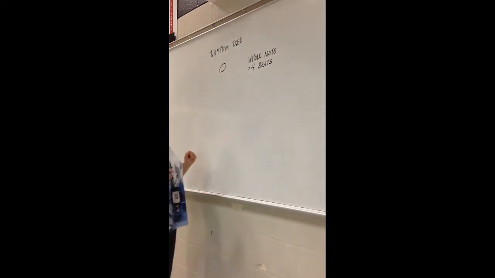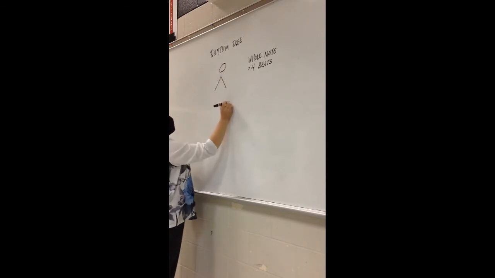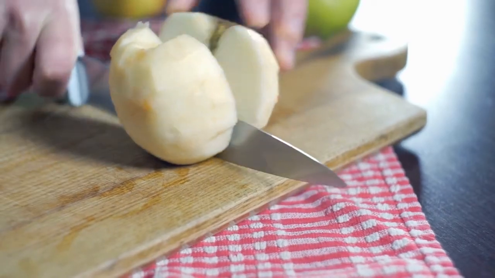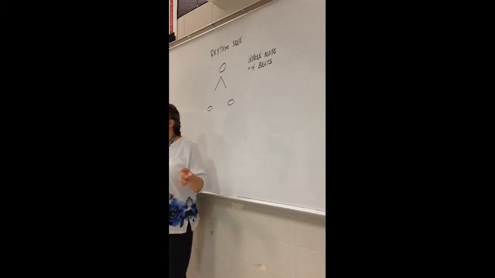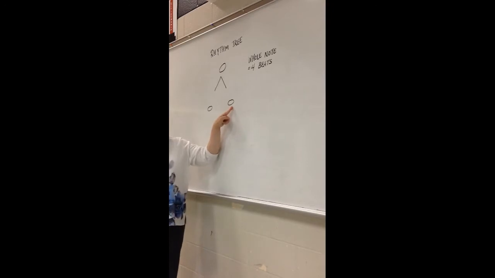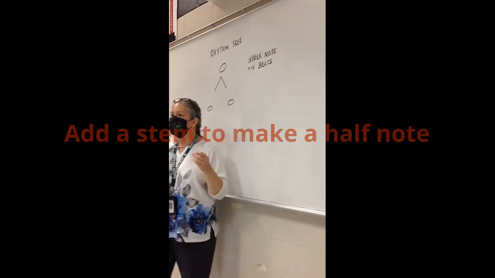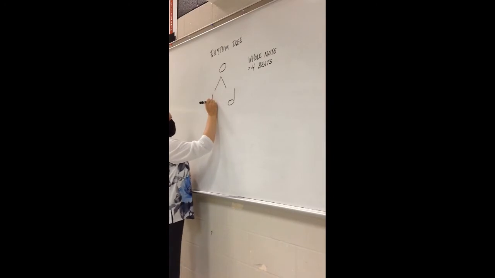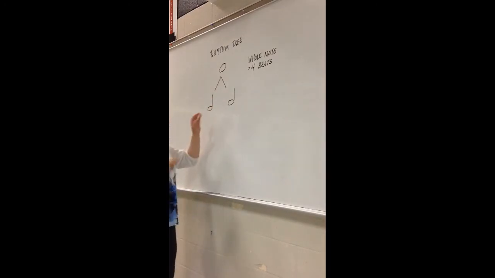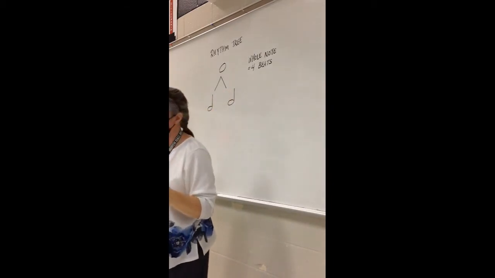Okay? If we were to take that whole note and split it into 2 parts, we can't draw the same symbol, because if somebody sees this, they'll think that's 4 beats. So what we do is we add a stem to the whole note to show that it's different. So this, with the stem, is not worth 4 beats.